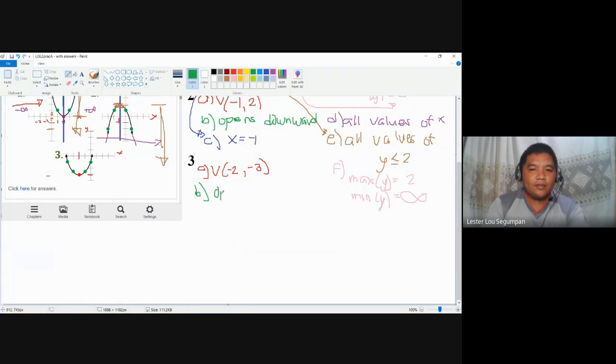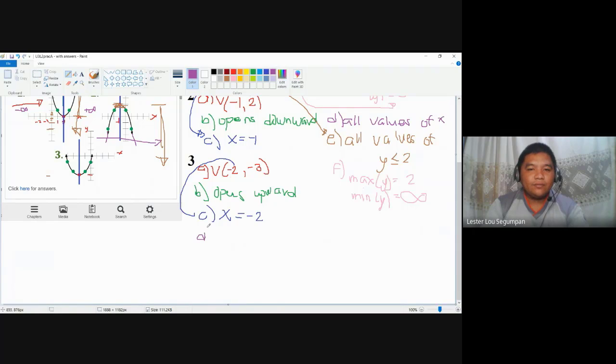This opens upward, right? And then your line of symmetry is a line which will pass through the x coordinate of the vertex, this one here. So it passes through x equals negative 2.